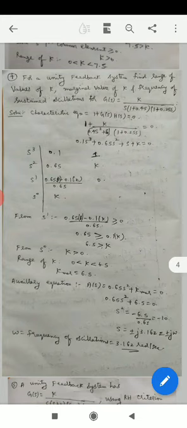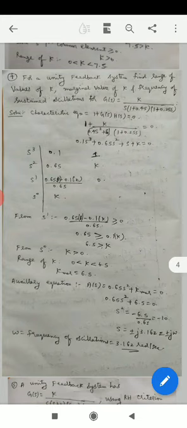Anything into 0 is 0 only. Again we will divide by the first element of s power 1. We are dividing numerator and denominator by the same term, that is 0.65 minus 0.1 k divided by 0.65, so it will get cancelled and we will be left with only k.